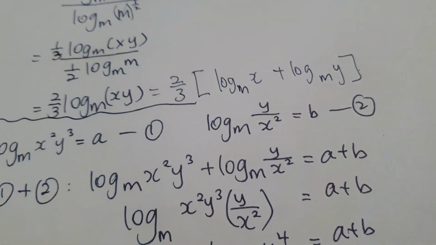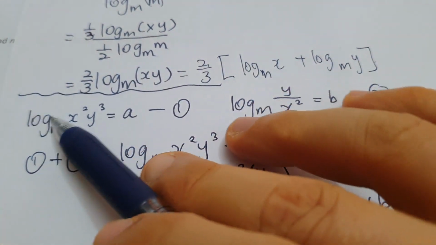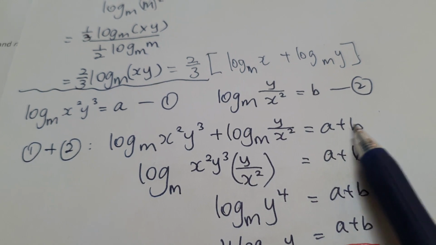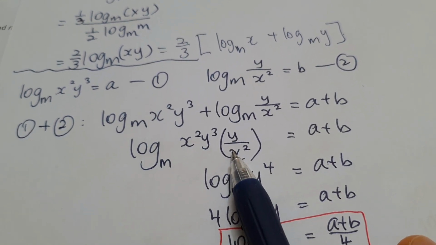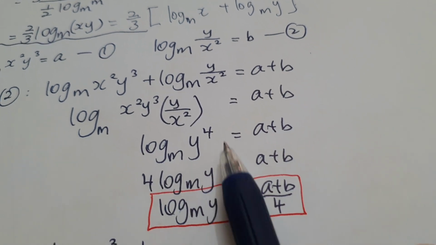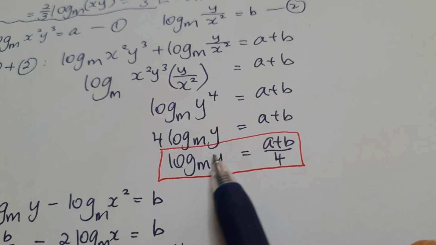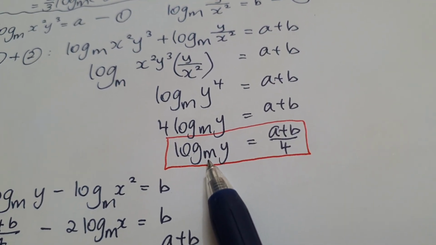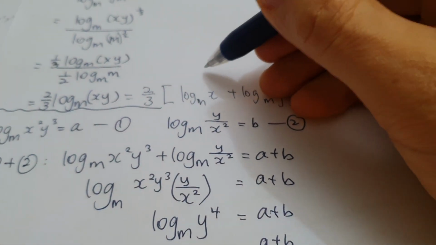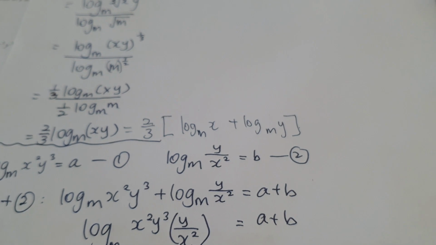Now let me continue. I hope you understand that when I combine this plus this together, the right side becomes like that, the left side becomes like that, and after that it becomes this, and I can find my log y base m. Now I have this part already.